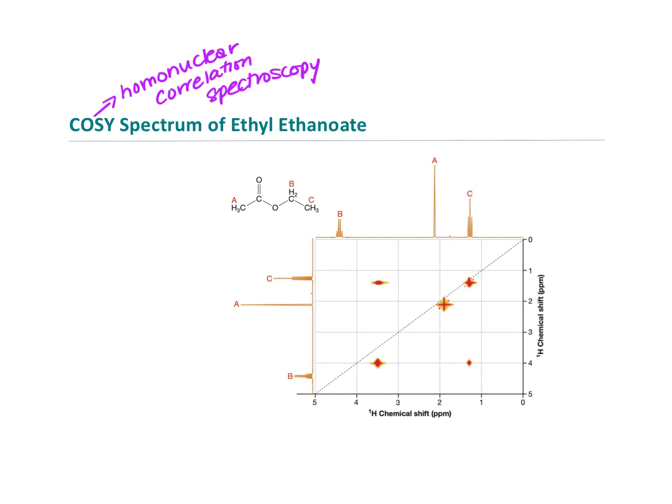So in the COSY spectrum, the 1D proton NMR spectrum is shown on both the x and y axes, and the peaks that appear on the diagonal line, which is that black dashed line, are the same peaks that appear in each 1D spectrum. The peaks that appear off the diagonal are called cross peaks, which indicate which protons are coupled. So these would be cross peaks, and that helps us figure out which ones are coupled to each other.